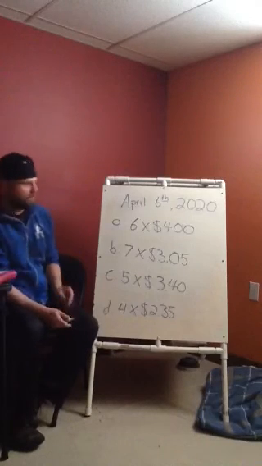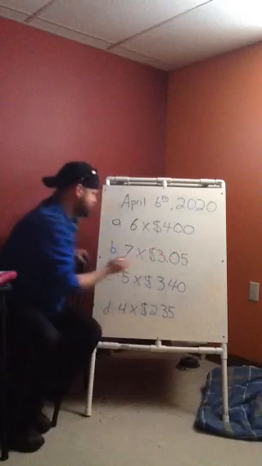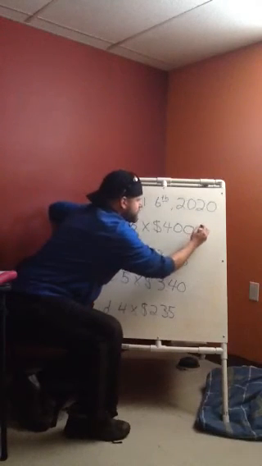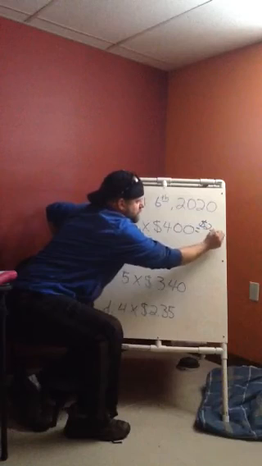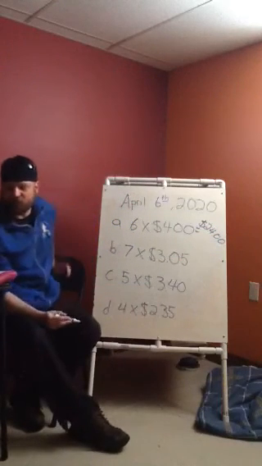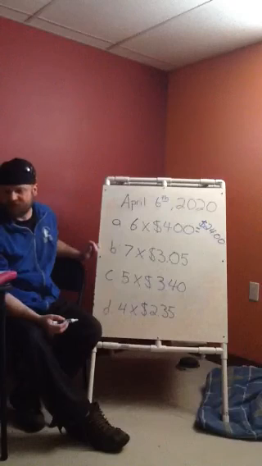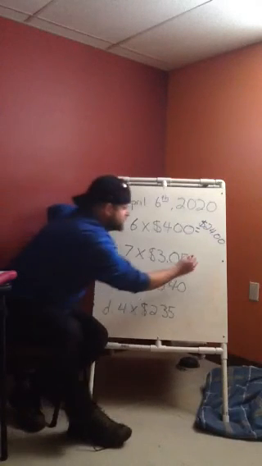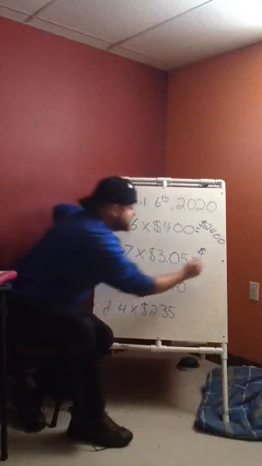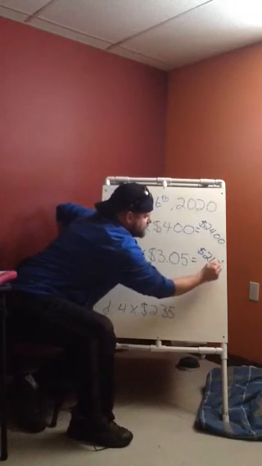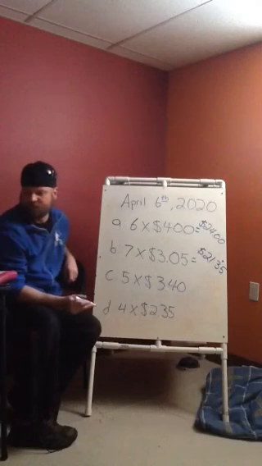Alright, welcome back. So, the first one is 6 times $4. That should give you an answer of, I didn't leave myself a lot of room, $24. Letter B, 7 times $3.05 should equal $21.35.